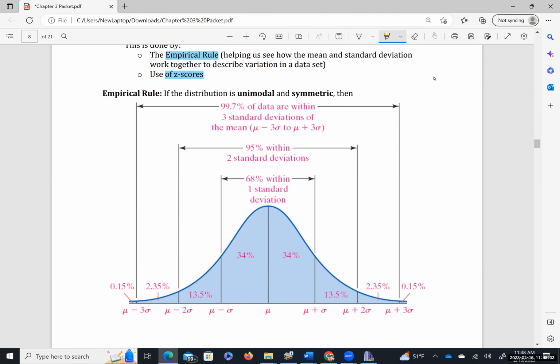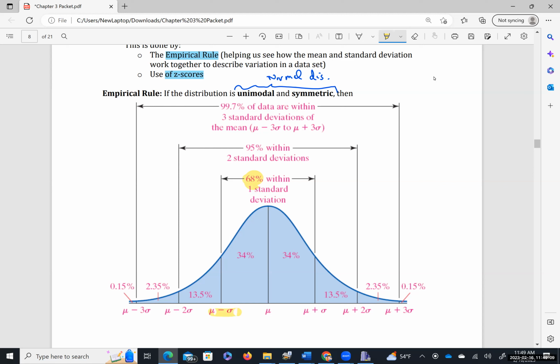Here's the empirical rule. If the distribution is unimodal and symmetric, or we call it a normal distribution, we will have 68% within one standard deviation.